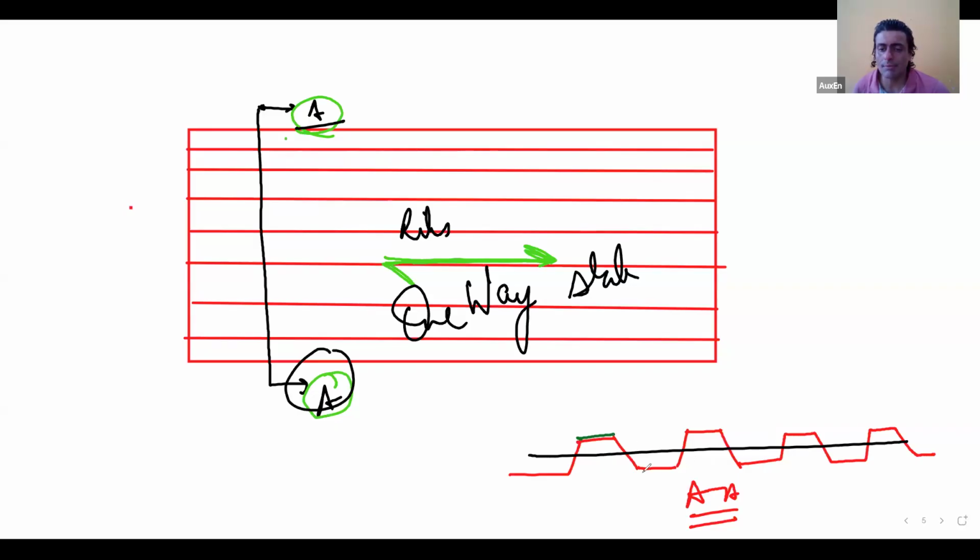Two lines means bottom and top means. I'm not sure about the question. Is everyone able to imagine this section AA?